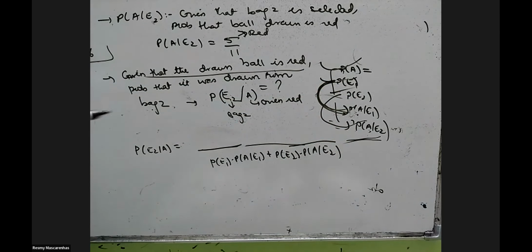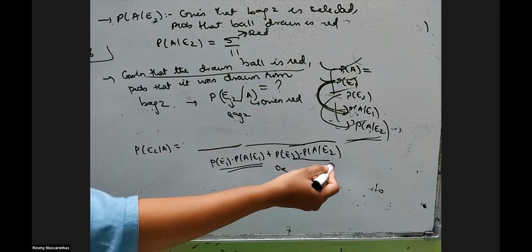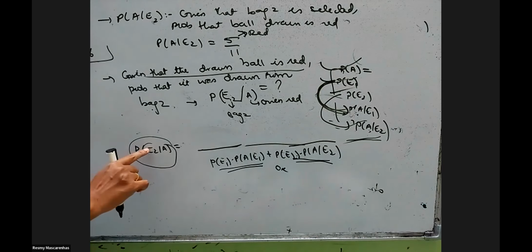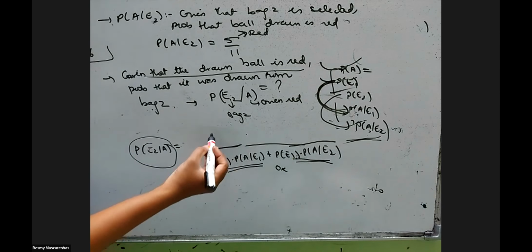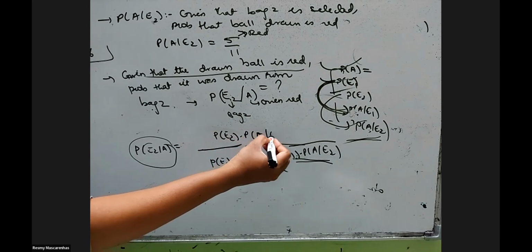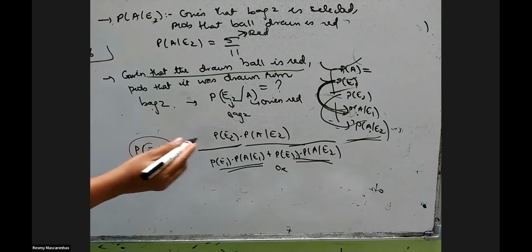Now what to write in the numerator here? Either this will come or this will come. Whichever is asked with reference to the second one will come up here. Now just substitute the values, that's it. P of E2 is how much?